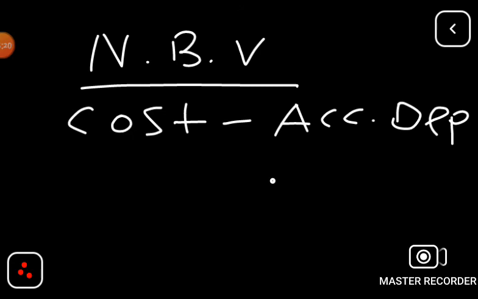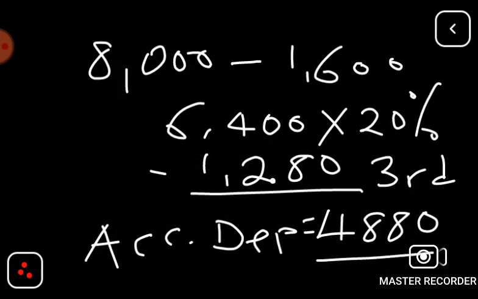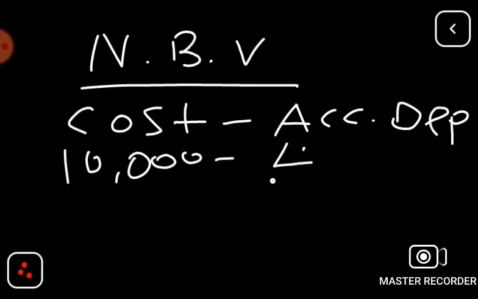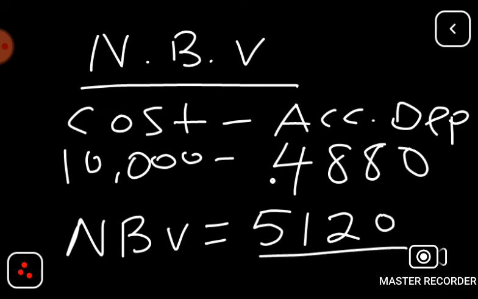That is the formula. How much did you buy this asset? It was 10,000. How much is your accumulated depreciation? 4,880. Then what is your net book value at the end of the third year? So 10,000 minus 4,880, you get your net book value as 5,120.